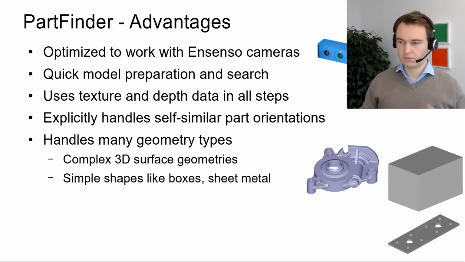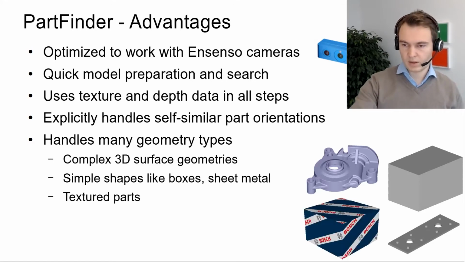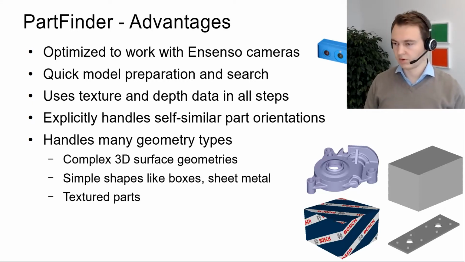You might have boxes or sheet metal parts that have only one planar surface that you can see in the camera. These parts might look simple, but especially algorithms that deal only with 3D data have quite some problems locating these accurately. And what's even more, we can also handle textures. I will talk a bit about this later on.